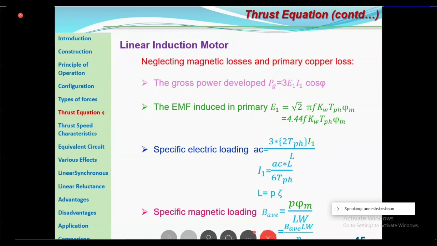Mahesh is asking, what is goodness factor? Goodness factor is the capability of the machine to convert the air gap power between the secondary and the primary.